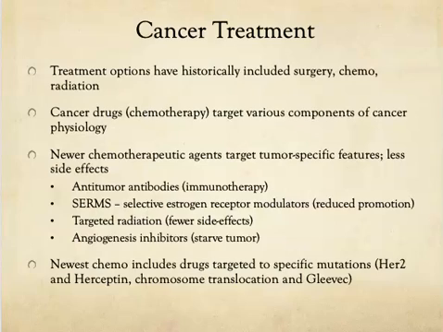The reason that these historically successful chemotherapy drugs cause such terrible side effects is because they are non-specific. They simply target, for example, rapidly dividing cells. So they kill cancer cells, but they also kill normal cells that are also rapidly dividing. The newer chemotherapy drugs are designed to limit those non-specific effects.